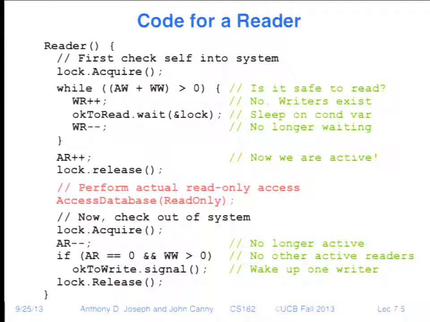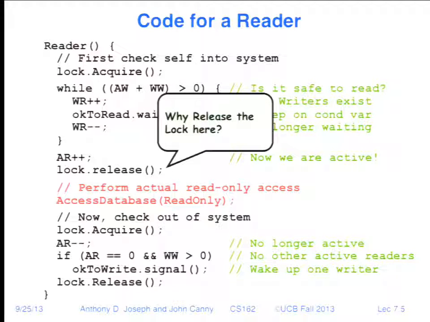We're actually releasing the lock before we access the database, then reacquiring it afterwards, changing some of the state variables, and then releasing again. Why do we do that? Someone quickly remind us why we did it that way? Yep. Well, it's not really a Mesa versus a Hoare monitor question.